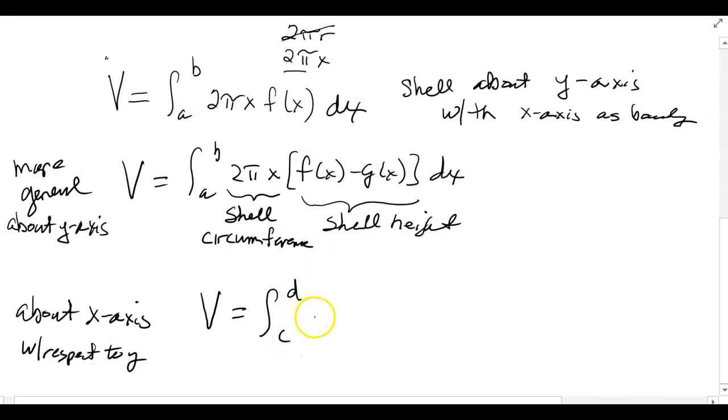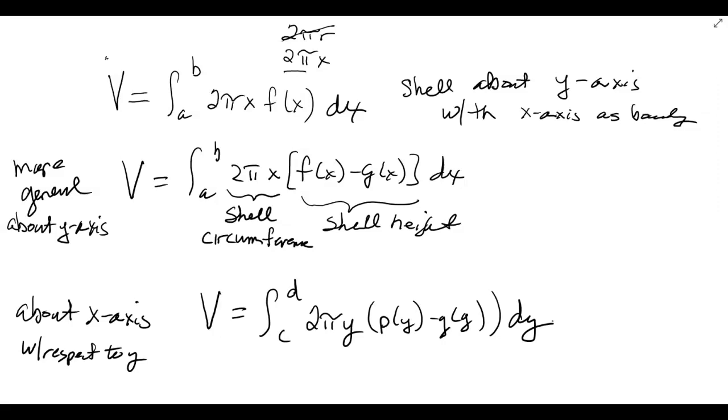So we'll use our C and D, and I'll use my P and Q. So now we have 2 pi y, just y, P of y minus Q of y dy. Big difference. You've got to think about it.